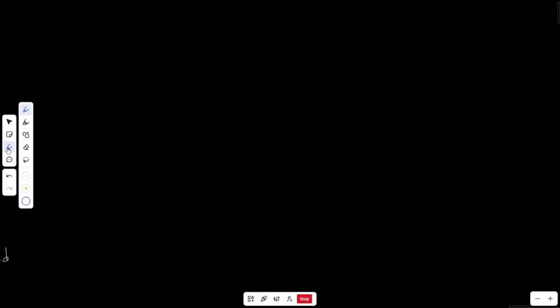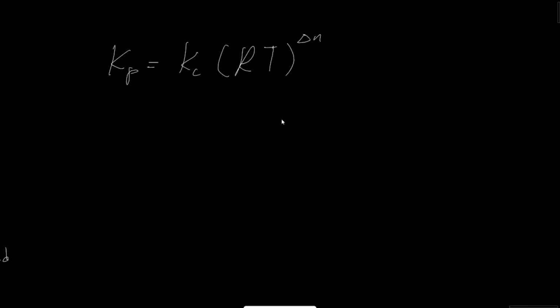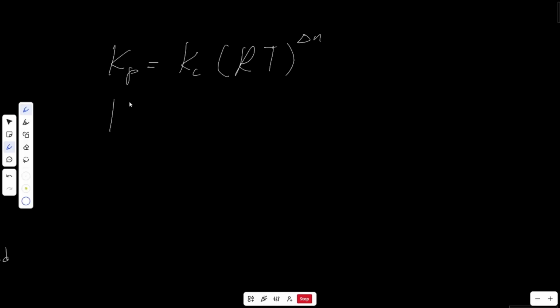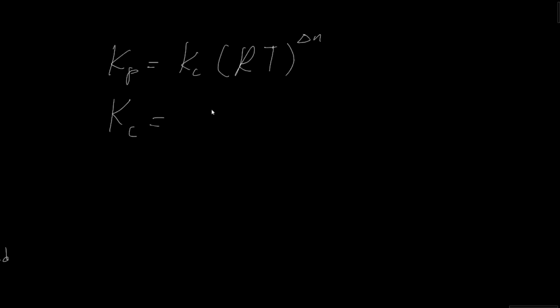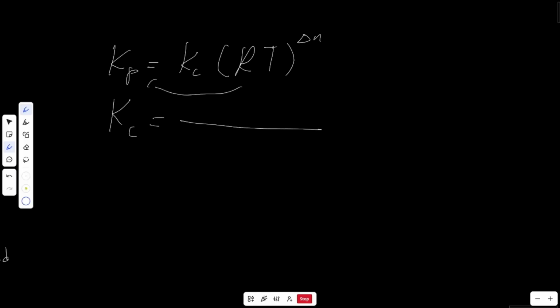Now, the relationship between Kp and Kc. Kp is given by the product of Kc by the gas constant, the temperature at equilibrium, raised to the change in moles of gas. For Kc, we just alter this equation a bit and divide Kp by this.